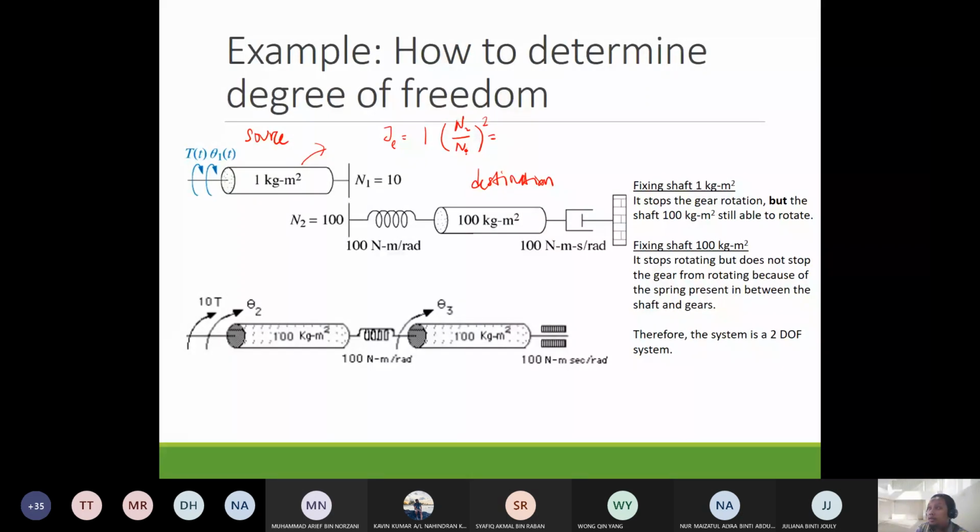So you get 100. When you transfer this to the destination, you cannot add to this 100 kg meter squared because of the spring. Instead you add it here in front of the spring, as in this figure here.